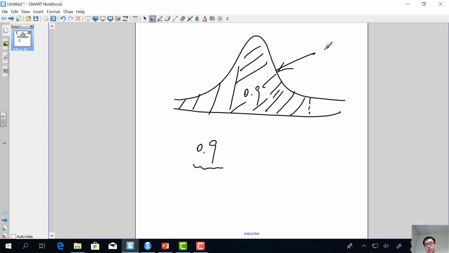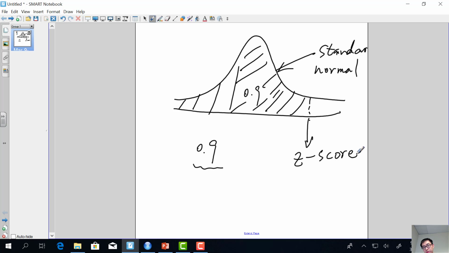This is standard normal, and you want to know the corresponding z-score. This is the reverse problem of the previous one.